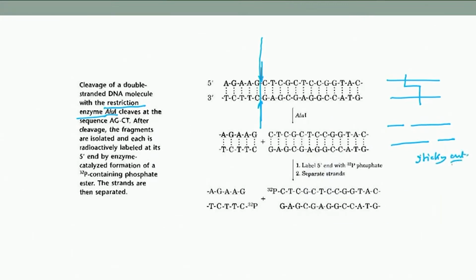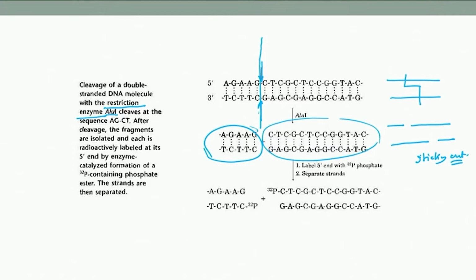So, all these cuts are possible, but here AluI does a blunt cut, means a straight cut. Okay. So, it cuts it into pieces. So, there are two DNA pieces now you have here and there. Suppose you are interested to know the sequence of bases here.